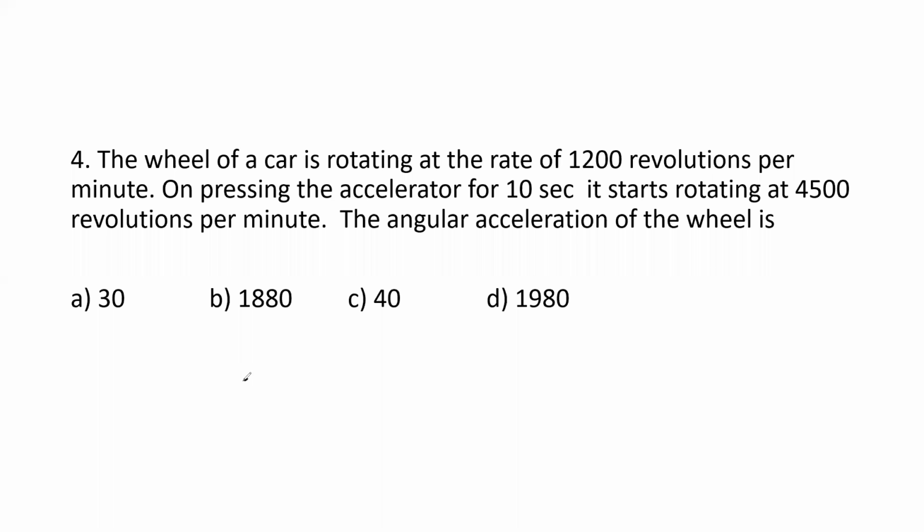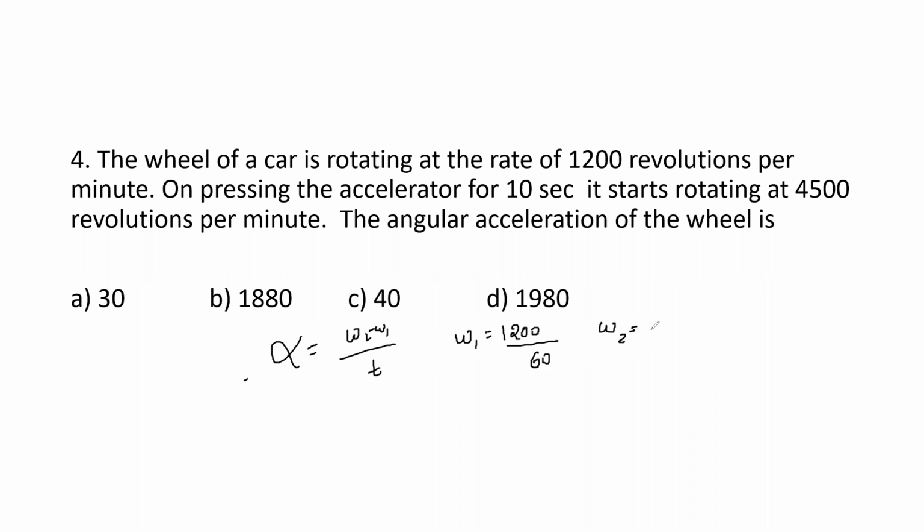We need to find the angular acceleration. We know that angular acceleration is the rate of change of angular velocity, that is, omega 2 minus omega 1 divided by t. Here omega 1 is 1200 revolutions per minute, that is 1200 by 60 revolution per second.